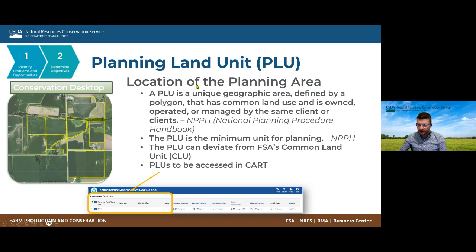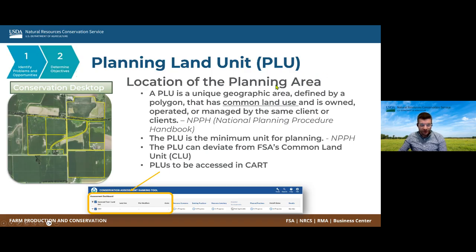And first we start off, if you weren't aware, within Conservation Desktop. This is where we're going to define at least one planning land unit, and that's necessary to be able to interact with CART. Within Conservation Desktop, as we set those PLUs, keep it technically focused, right from NPPH, which is our National Planning Procedures Handbook.